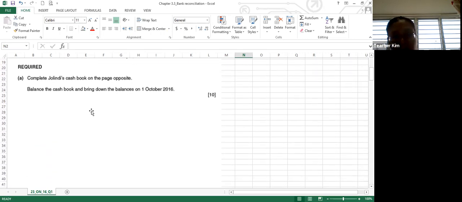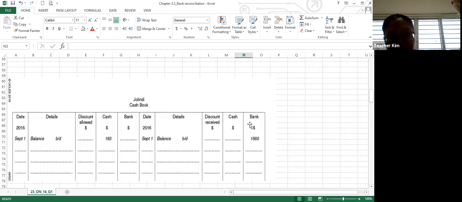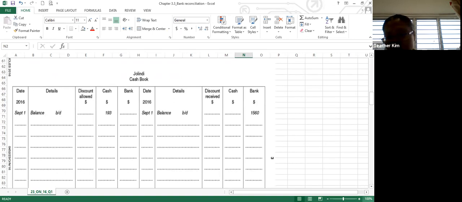Now, cash book. We open the cash book account first.